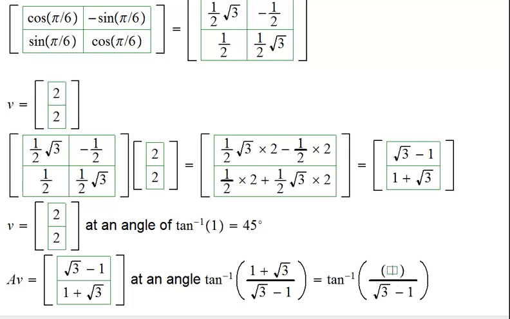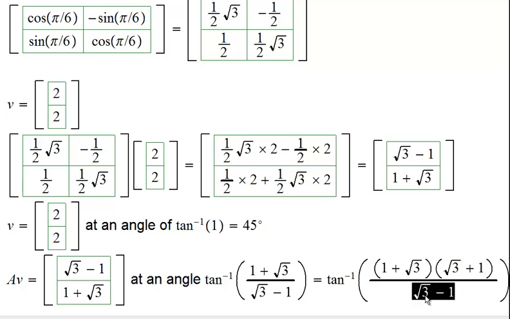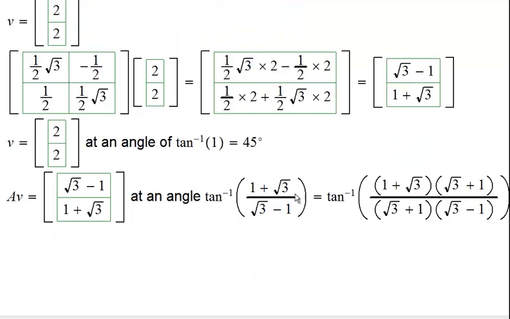Let's rationalize the denominator, by just multiplying this by its conjugate. So you have square root of 3 plus 1 here. Let me just compute this separately for you.